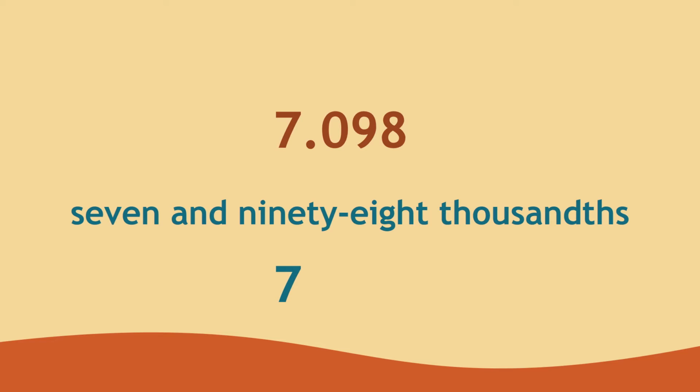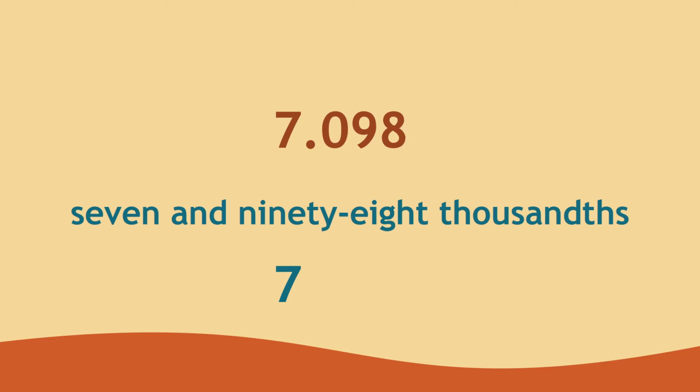Now, another way that we can write a decimal besides word form is in fraction form. For me, one of the easiest things to do is just to say the decimal, and that tells me the type of fraction that I'm going to write. So when I look at this decimal, I would say 7 and 98 thousandths. So we're going to write it like a mixed number.